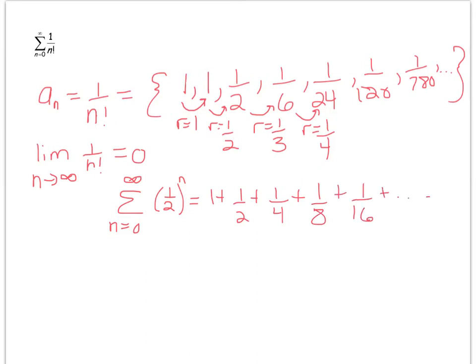Now I'm just going to re-index this other sum, so I start at n equals 1. I'm going to pull out that first 1. So this is going to equal 1 plus this next infinite series.